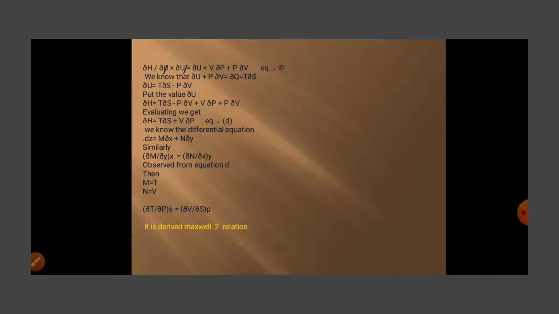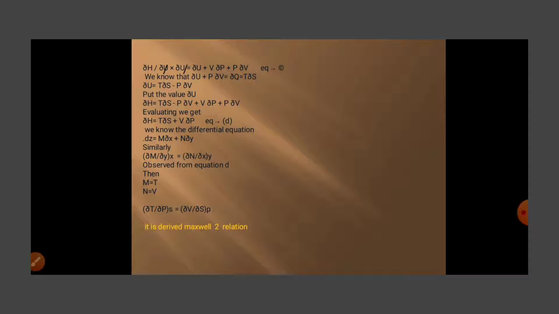Because we just multiplied by ∂U. So ∂U is cancelled on the left side, and on the right side we have a positive 1, and ∂U multiplied by positive 1 becomes ∂U, plus V ∂P plus P ∂V. That is your equation C.